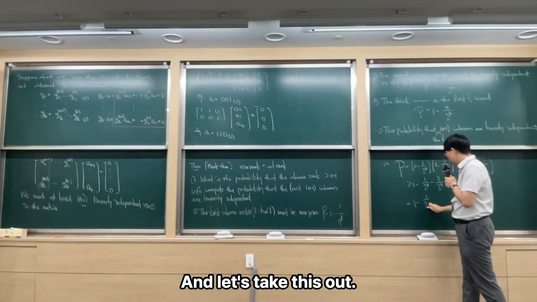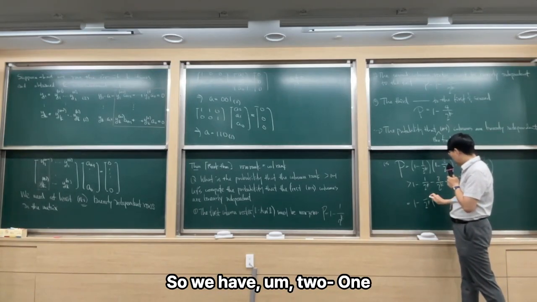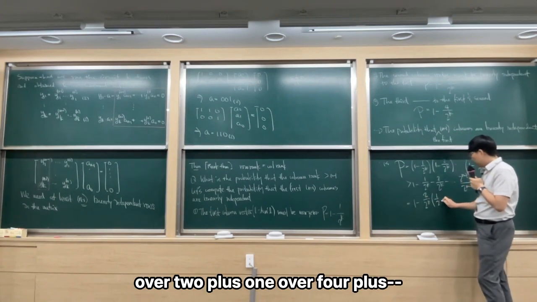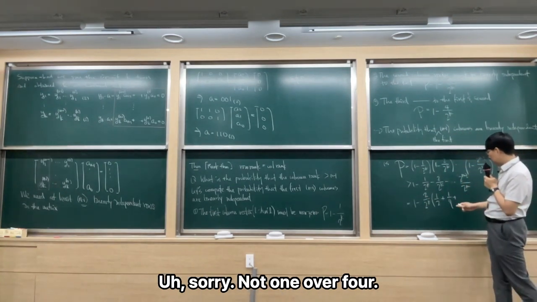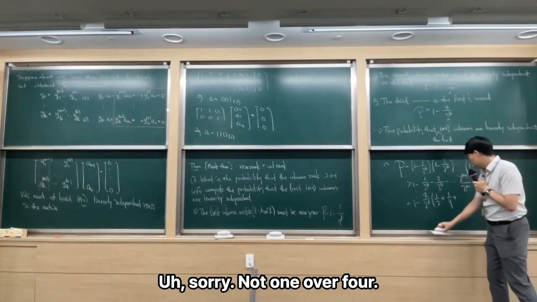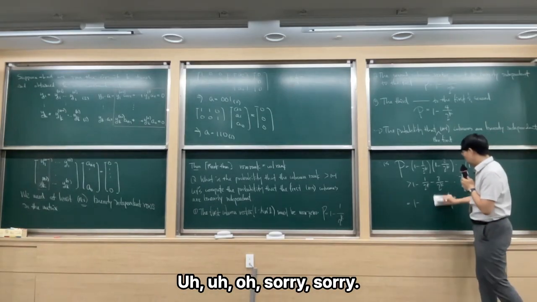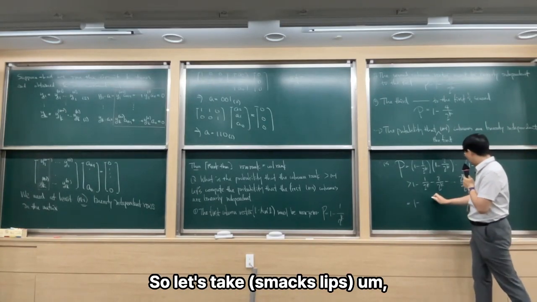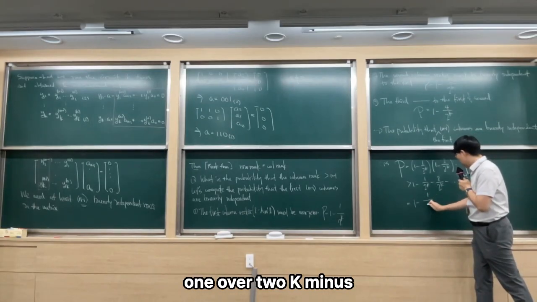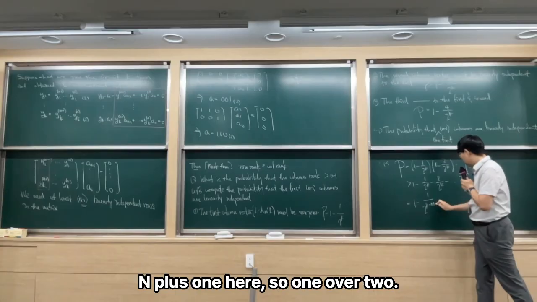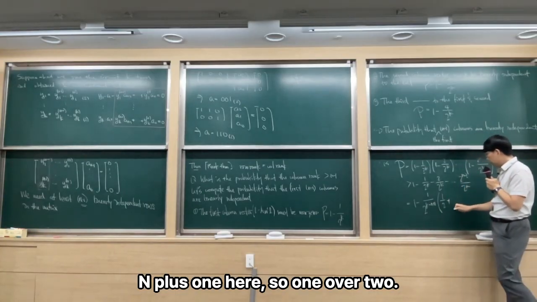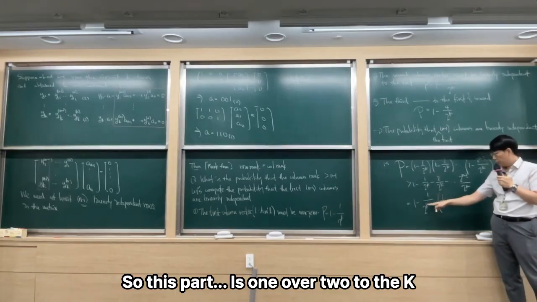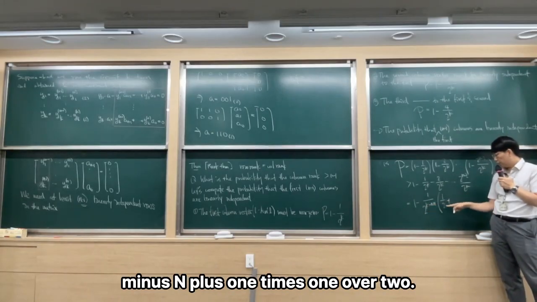And let's take this out. So we have 1 over 2 plus 1 over 4 plus, sorry, not 1 over 4. Sorry, I should take this one out. So let's take 1 over 2^(k minus n plus 1) here. So this part is 1 over 2^(k minus n plus 1) times 1 over 2.